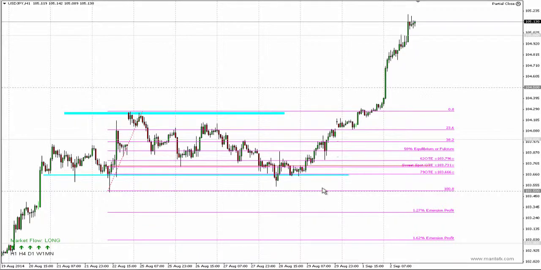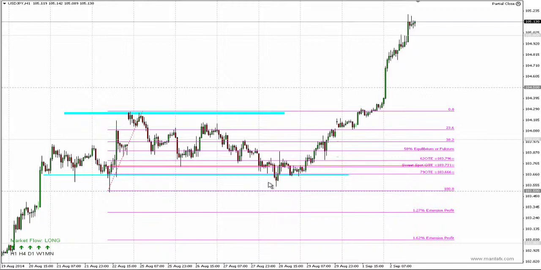Another way that we could have taken this trade would be a raid on stops below these lows. So therefore we'll be expecting a bullish market. So a raid on stops here would warrant a long with a fake break. A raid on stops, a riptide or turtle soup entry.